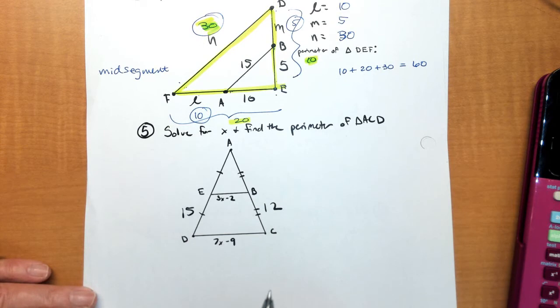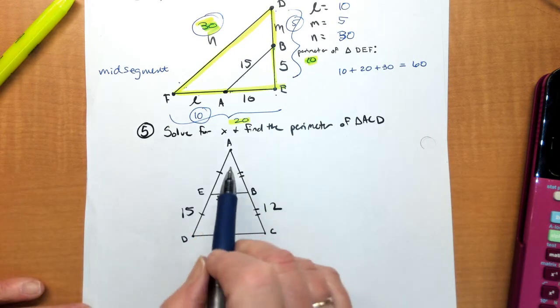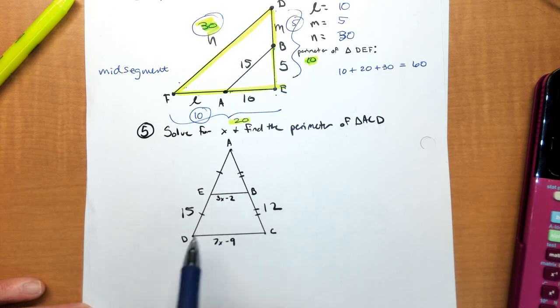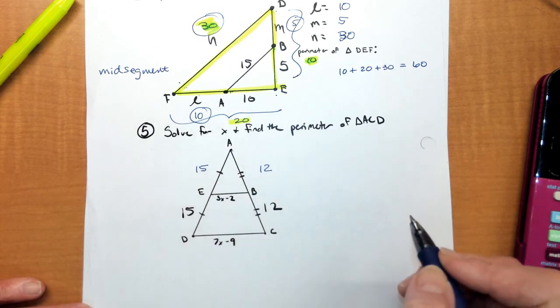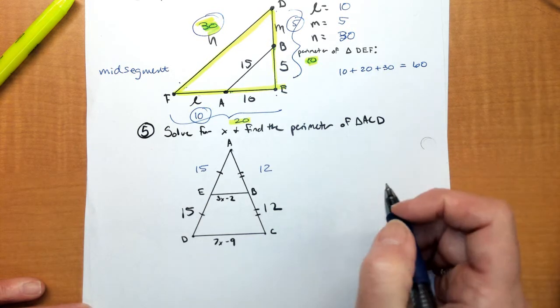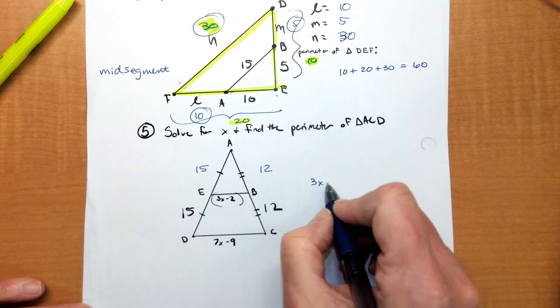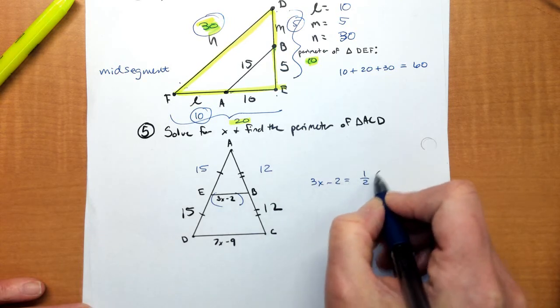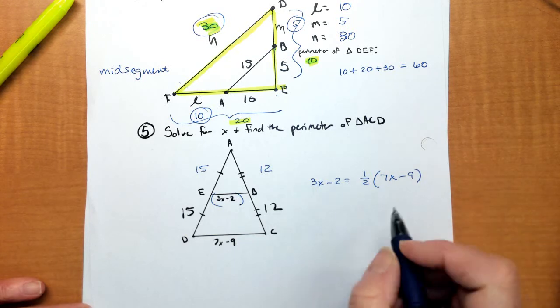Okay, solve for x and find the perimeter of ACD. So ACD, this is 12, this is 12, this is 15, this is 15. Okay, so 3x minus 2 is 1/2 of 7x minus 9. Well, that's yuck. We don't want to have all these fractions.